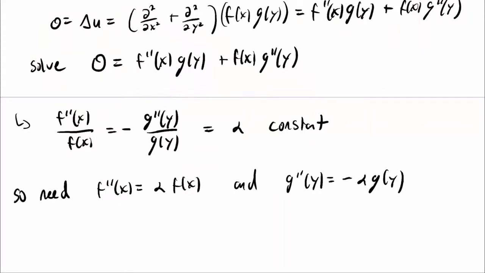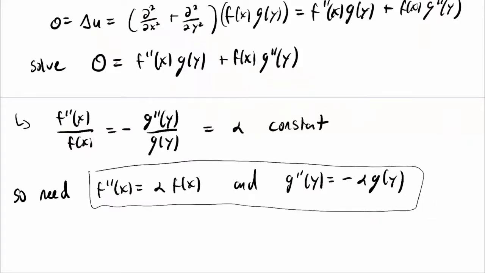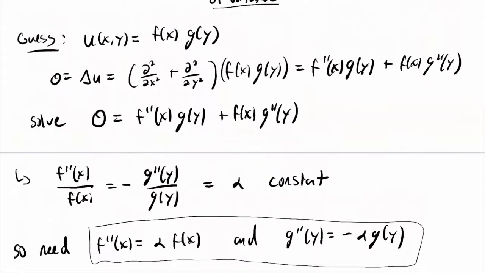And so these are the two ordinary differential equations that we now have to solve simultaneously in order to get a solution to Laplace's equation in this special case where we have some function f of x times some function of y.